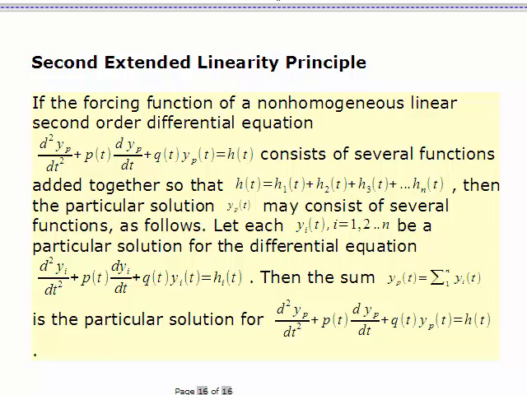If the forcing function is some combination of functions, then the particular solution can consist of several small, so to speak, particular solutions, each one attached to one of the h's. Then you can add them all up together, and that will be your particular solution.